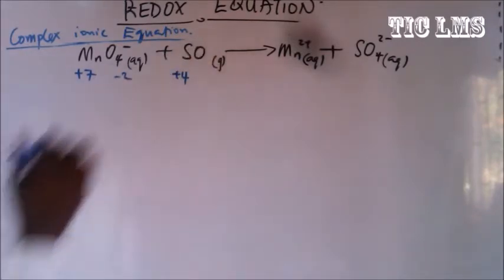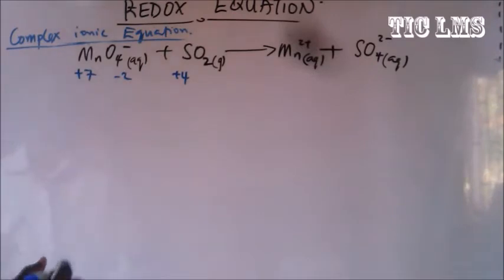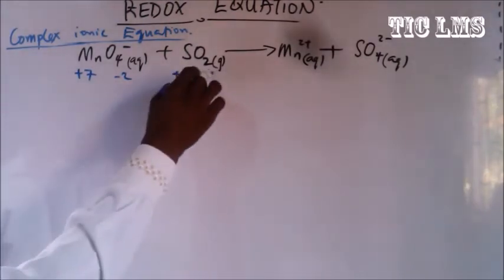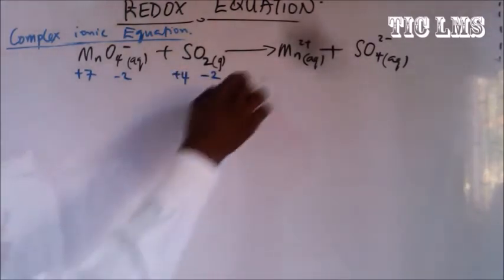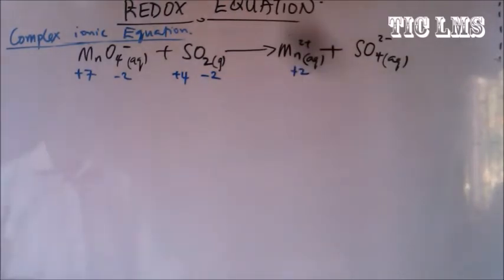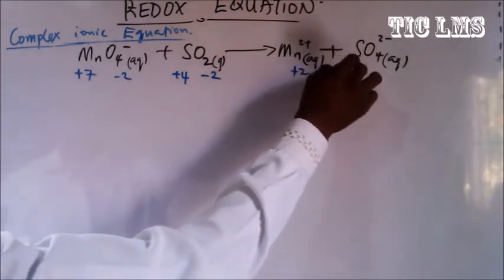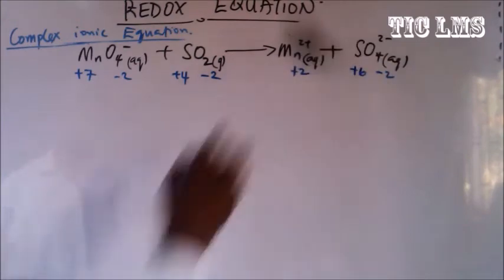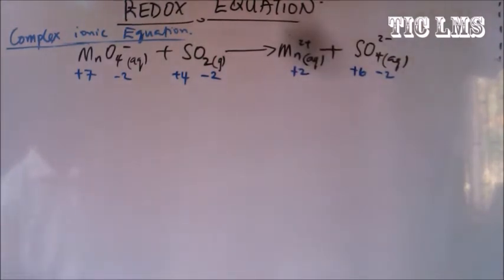Here we have SO2. Alright, so oxygen here is -2, manganese is +2, sulfur over here is +6, and oxygen here is -2. We need to write the half cell equation for the reduction and the oxidation reaction.